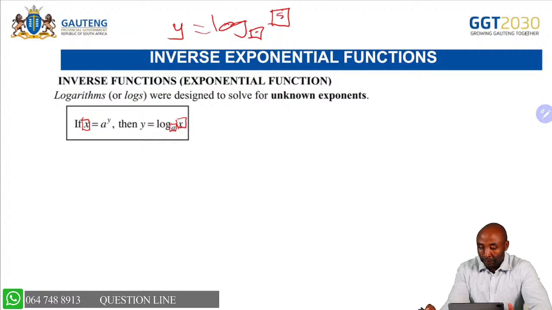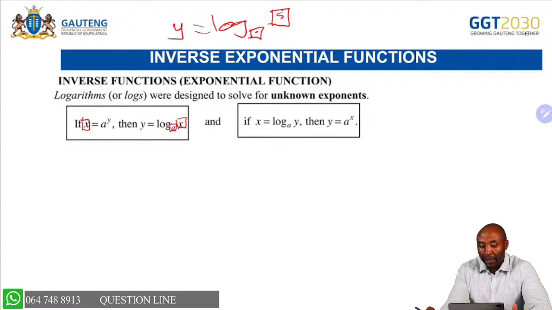And also, we will be able to see that if we are given that x is equal to the logarithm of base a of y, then we know that our y is equal to a to the power x when we reverse it. So when you are given logs, you are able to write them as exponents. When you are given exponents, you should be able to write them as logarithms.